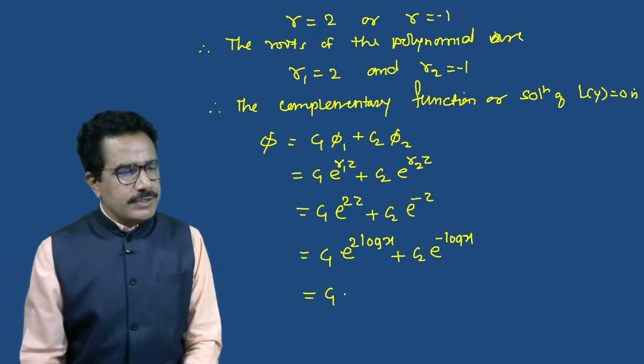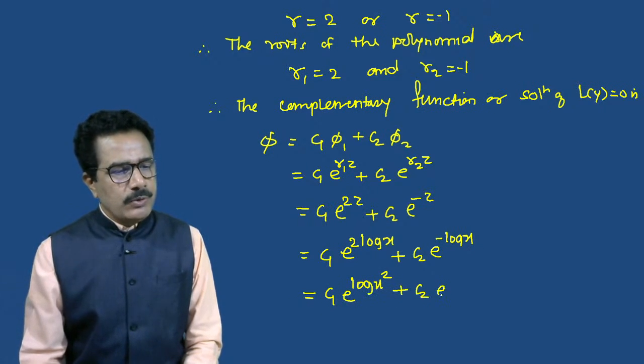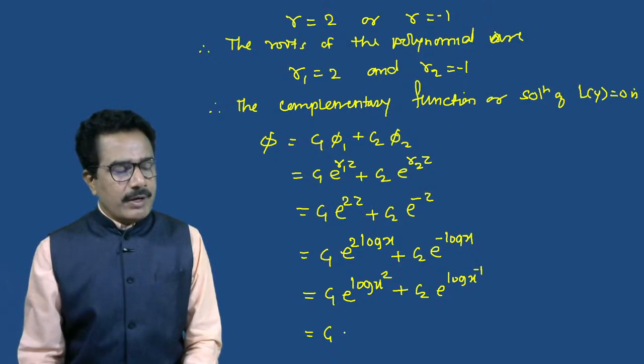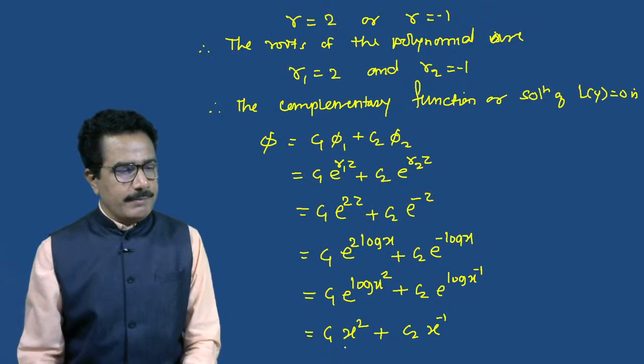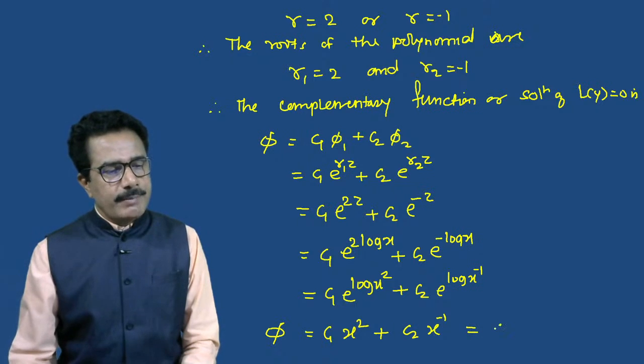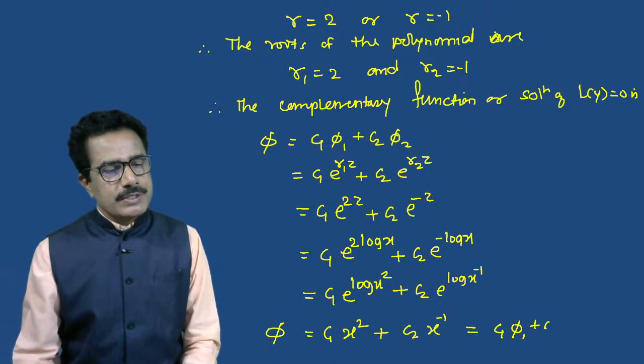So we can write c1 e raised to log of x square plus c2 e raised to log of x raised to minus 1. So c1, the power log cancels, x square plus c2 x raised to minus 1. This is the complementary function, which is denoted by c1 phi1 plus c2 phi2.